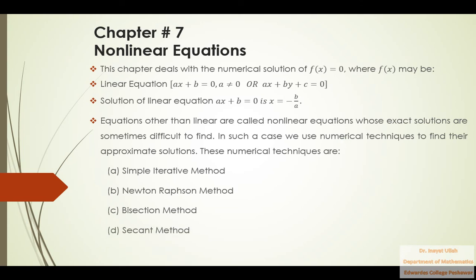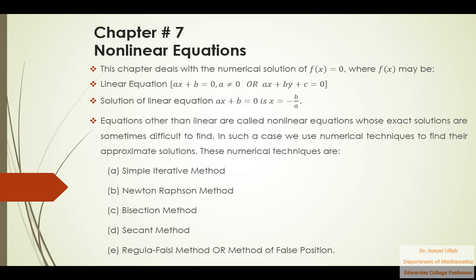The fourth one is the secant method, and the last one is the regula falsi method, or sometimes it is called the method of false position. So we'll be dealing with these 5 techniques in this chapter to find the approximate solution of non-linear equations.